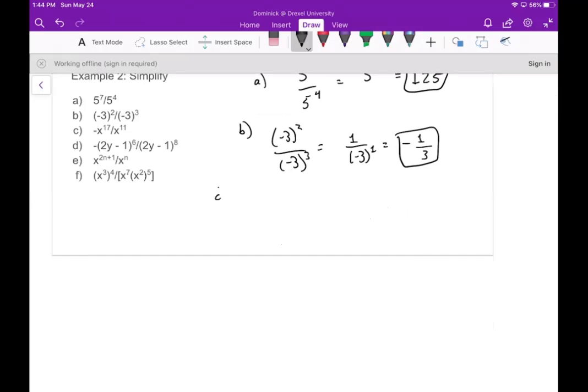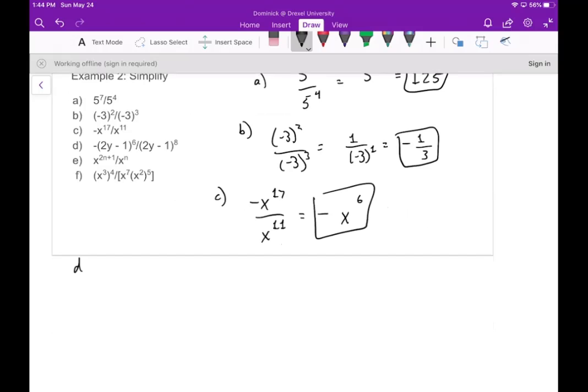Part C, we have negative x to the 17th over x to the 11th. We have a negative divided by a positive, so this will definitely be negative. Our bigger power is in the top, so we're going to have x to the 6th left over in the top.